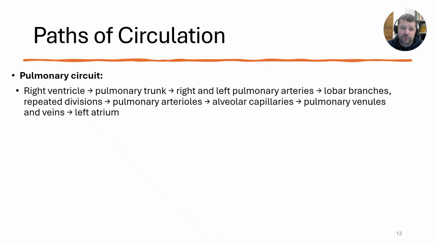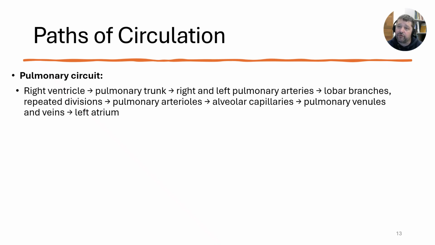That goes into the lobar branches, and then you get lots of division into the pulmonary arterioles and then the alveolar capillaries. So the connection between the pulmonary arterioles and the pulmonary venules is the alveolar capillaries.